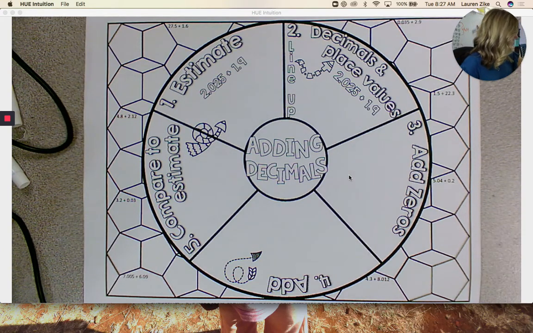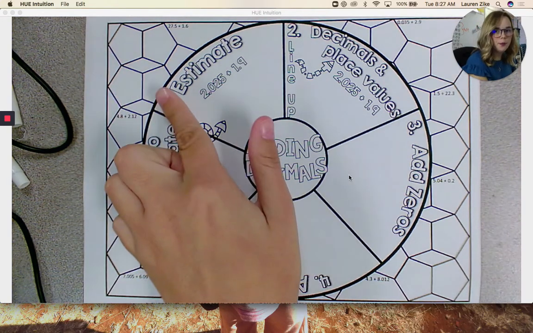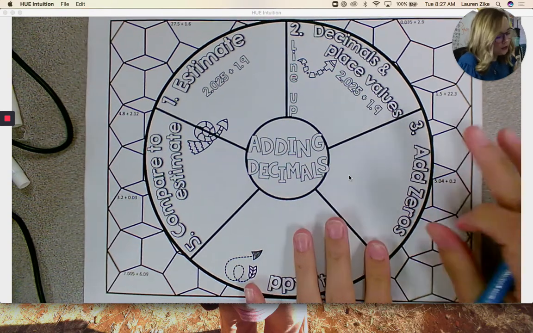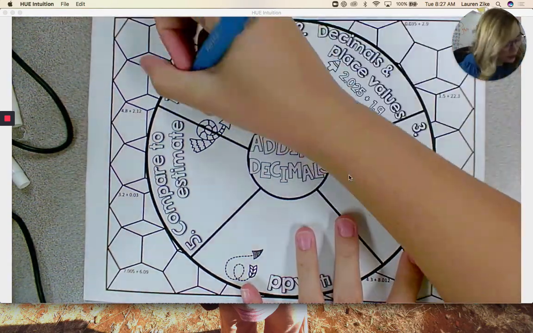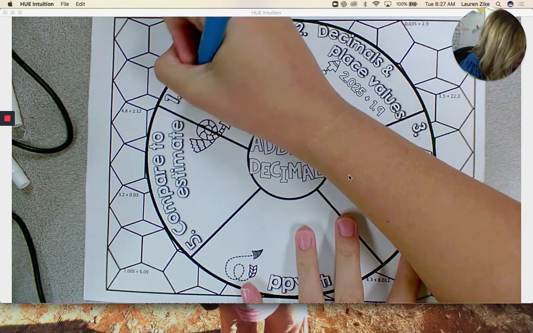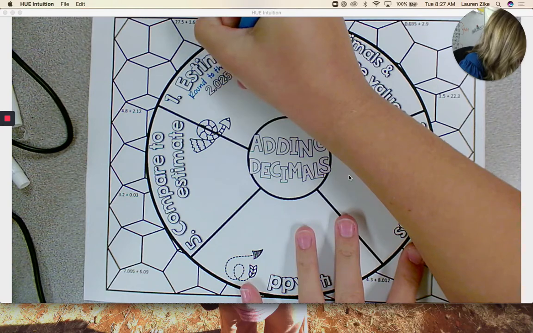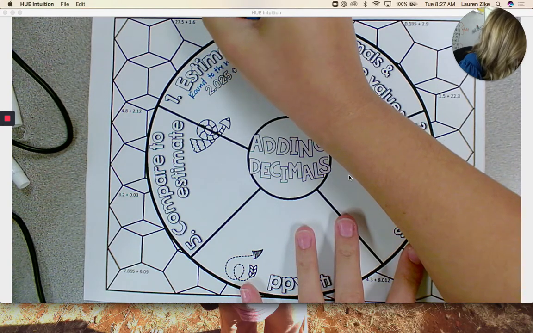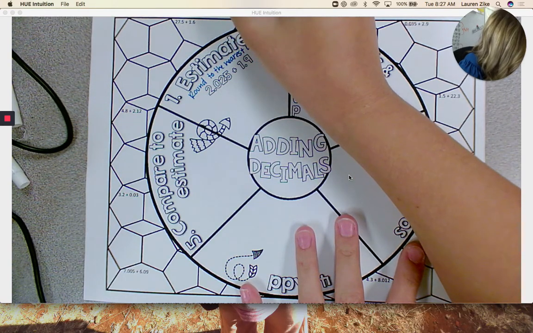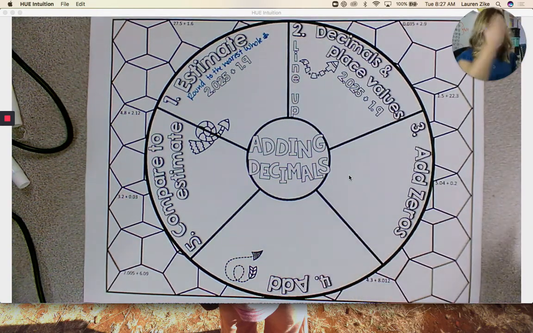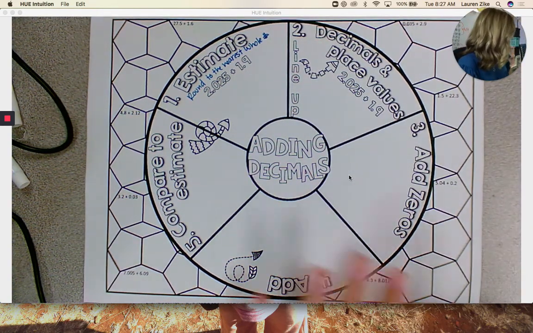So the first thing that we're going to do, we'll start at step 1, is we are going to estimate. So when we estimate, we are going to be rounding our numbers to the nearest whole number.